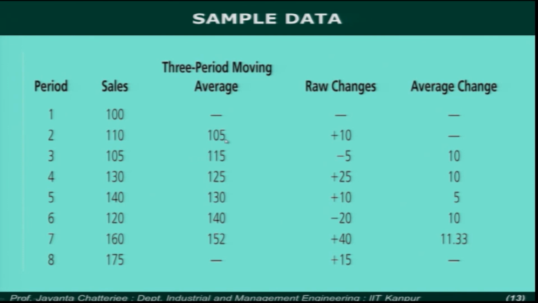Sometimes we also combine this plus this and come up with a number, but in 3 period we will basically take these numbers and divide. So, the preceding 3 periods based average will be calculated, and then you can see accordingly the average changes.